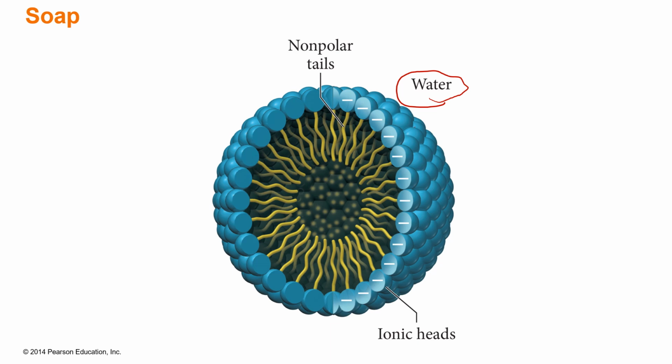Now, if we put them into something like hexane that was nonpolar, the tails would be attracted to that, and the head groups would move towards the inside.